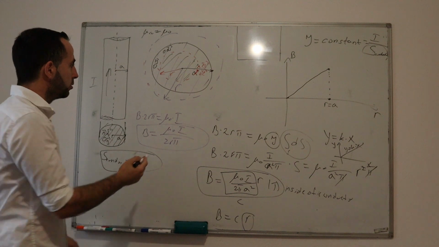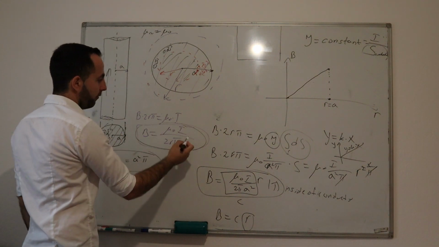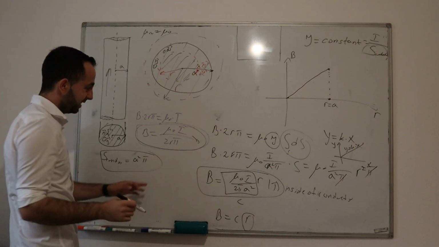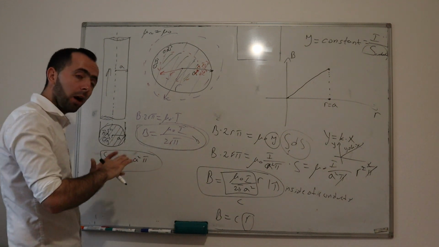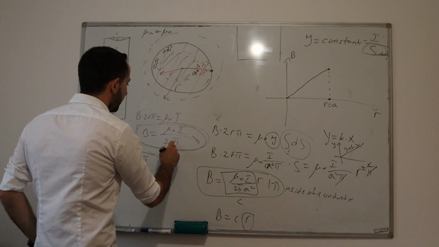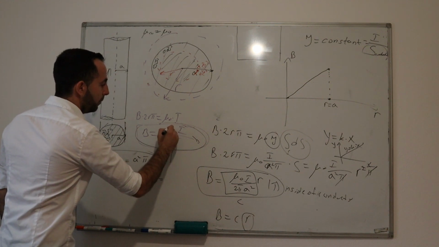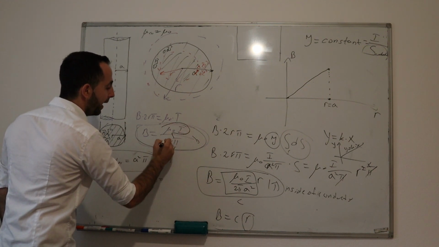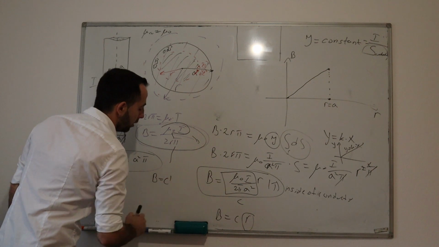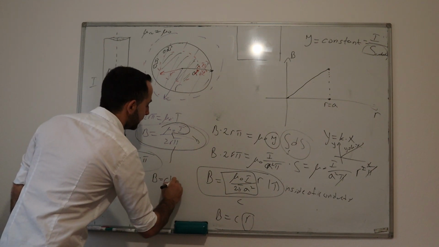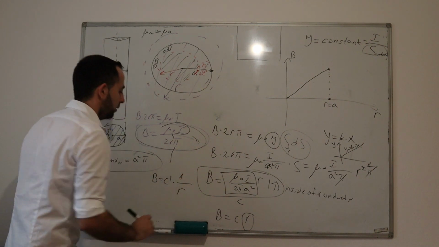And then after the conductor, we have the formula now. The magnetic field changes with some other law. What do we have here? Well, we have here mu0 I over 2 pi r, where the first part is a constant. I will say C prime times 1 divided by r.